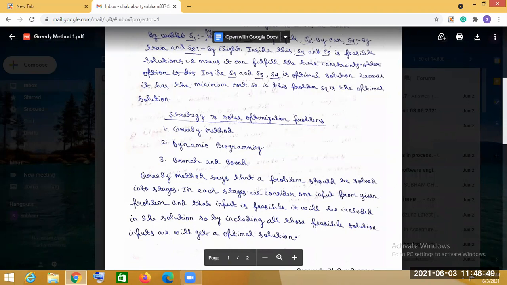Let's take a real life example of a company interview, where there are some rounds. First there is an aptitude round. A company's advertisement is released and 1,000 applicants have applied.